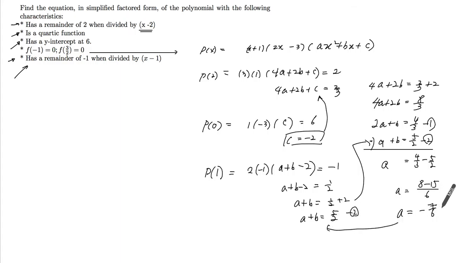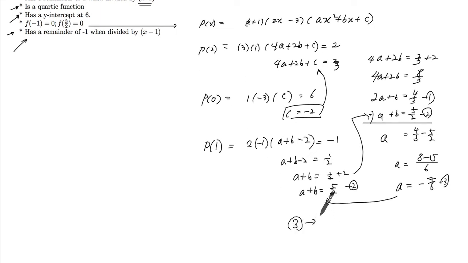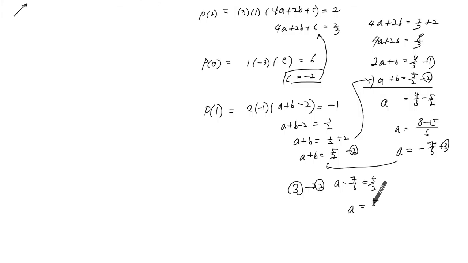Let's call this 3. Sub 3 into 1, so sub into 2. So that's 15 plus 7. That's 22, right? 22 over 6, which is 11 over 3.